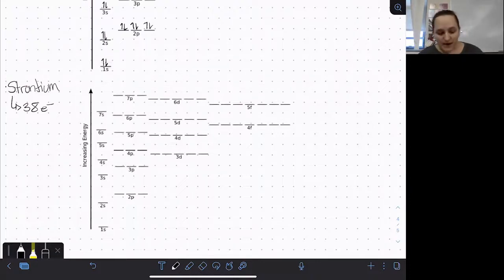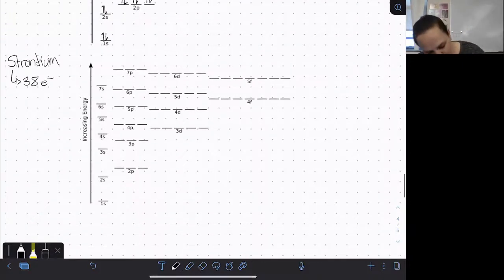So we're going to start from the bottom and work our way up. We can put 2 electrons in the 1s, 2 in the 2s. The next 6 go in the 2p, then 2 in the 3s, 6 in the 3p. We're going to fill up the 4s, and at this point we are at 2, 4, 6, 8, 10, 12, 14, 16, 18, 20.